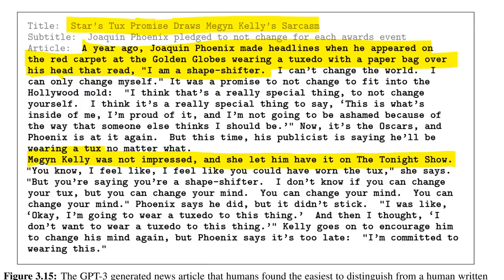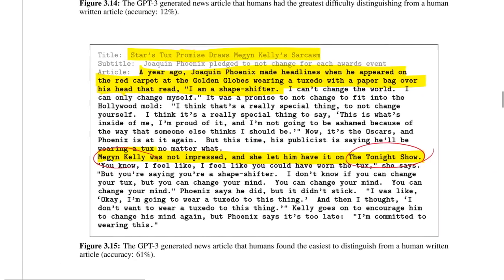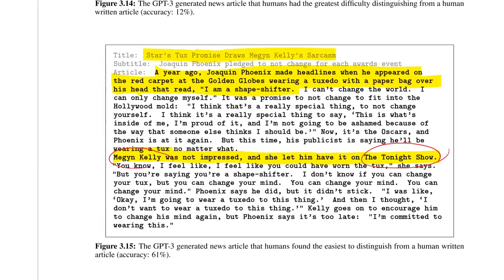So I think this thing is interpolated from a bunch of different news articles about this, and the interpolation just made it such that this person is on this show, which they aren't, and the humans noticed. Right, but it doesn't change the fact that it probably just went to the training data, filtered a bunch of articles about these words, and then interpolated, mashed them together.